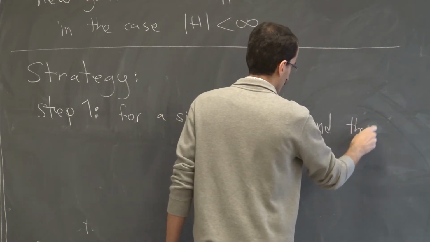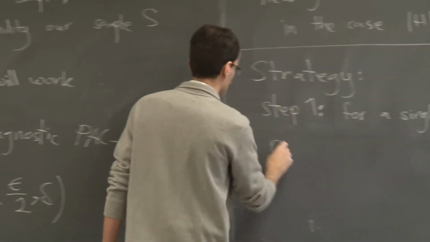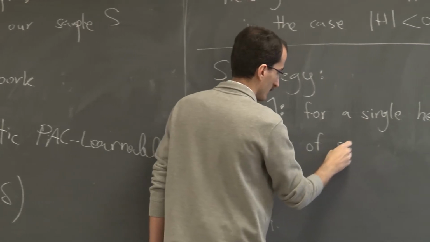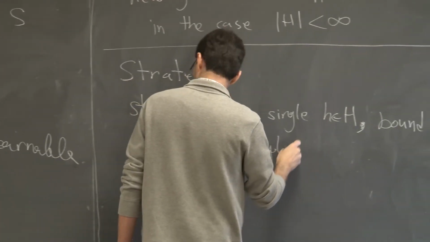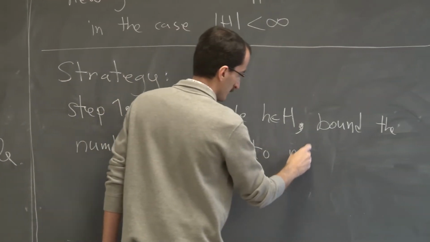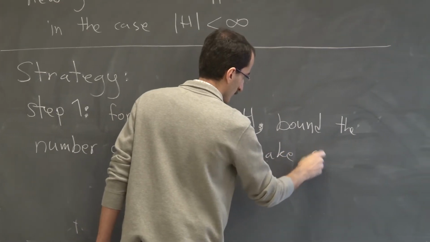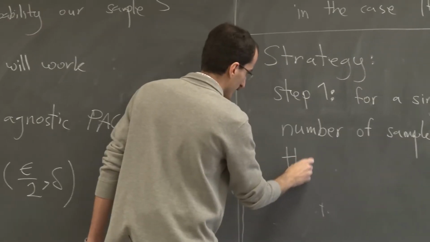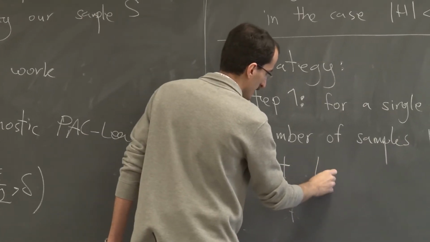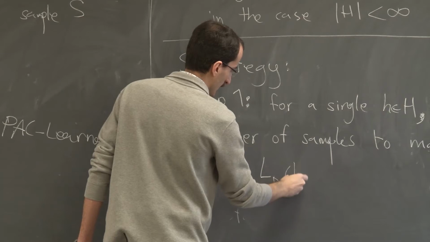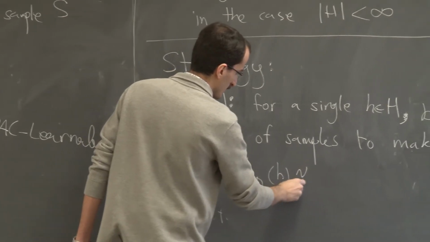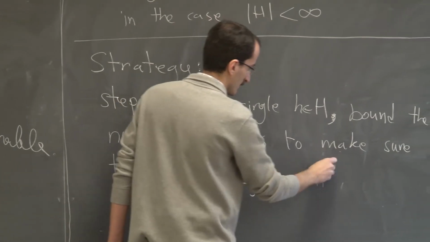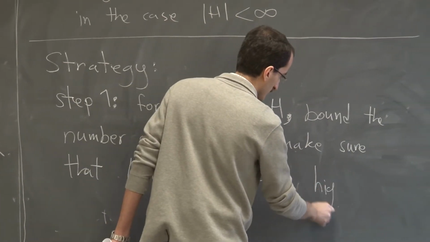Bound the number of samples to make sure that L_D(h) is almost L_S(h) with high probability.